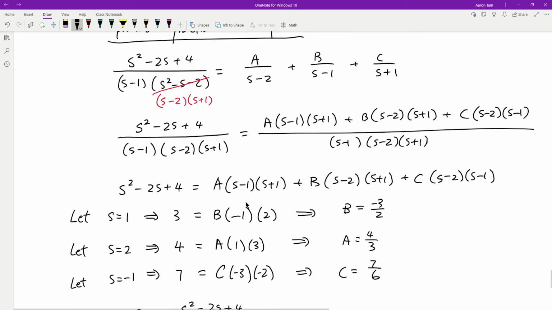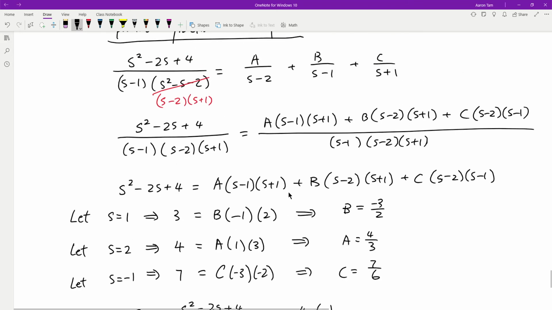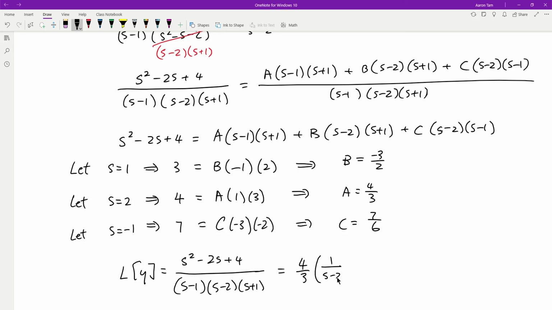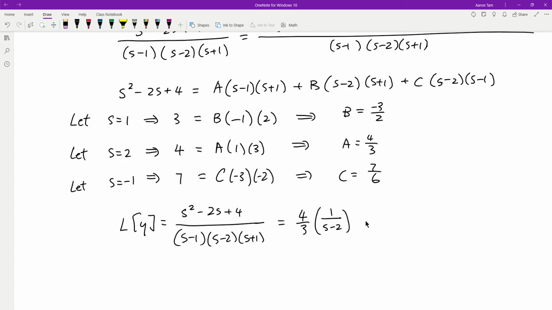A is 4/3, so 4/3 times 1 over s minus 2, actually minus, because B is negative, minus 3/2 times 1 over s minus 1, and then plus 7/6 times 1 over s plus 1.